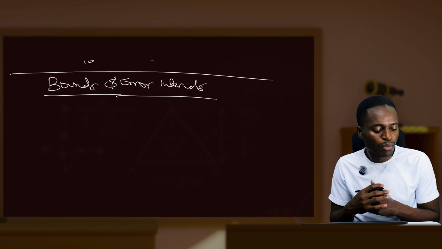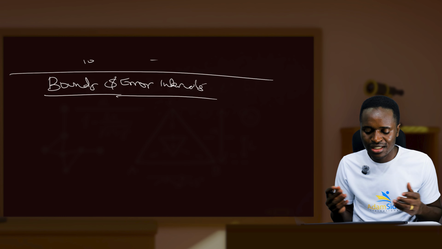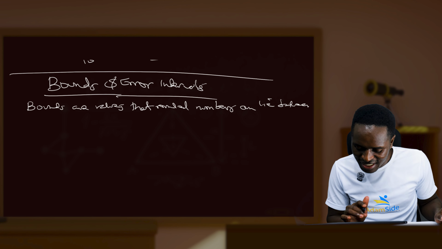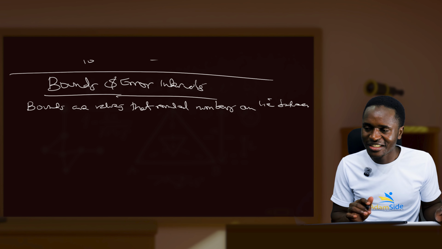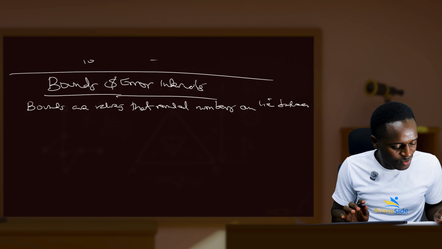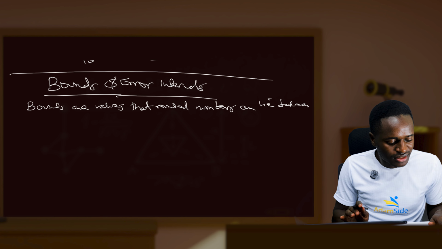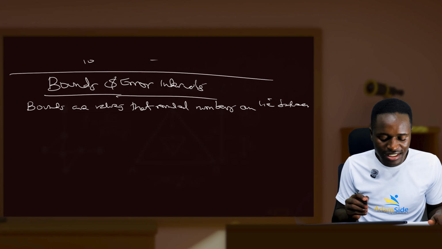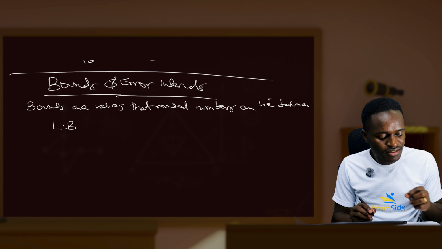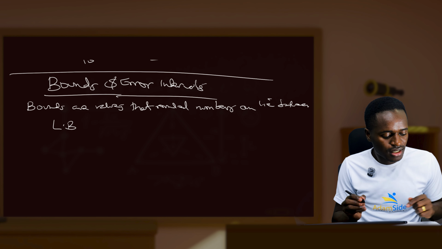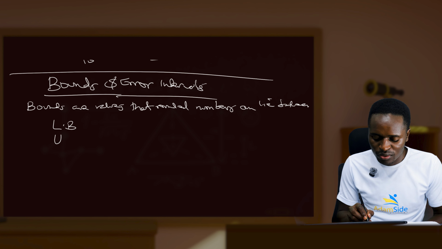What are bounds? We say bounds are values that rounded numbers can lie between. The smallest value that a number can take is called the lower bound. And the largest value that a number must be less than is called the upper bound.